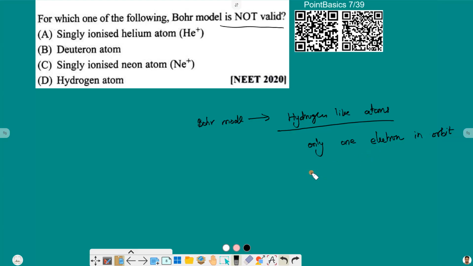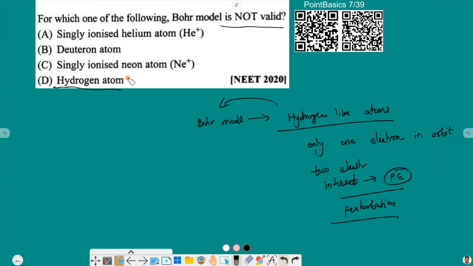Because if we have two electrons, then they will interact with each other. And if they interact, then they have their own potential energy of interaction. We don't need that. That causes slight changes, and that is known as perturbation. So basically, you have to remember that when an atom have only one electron, only then we can say Bohr model is going to be applicable on it.